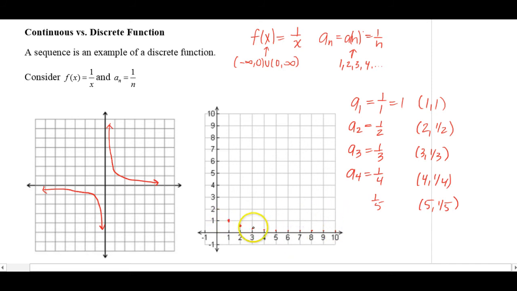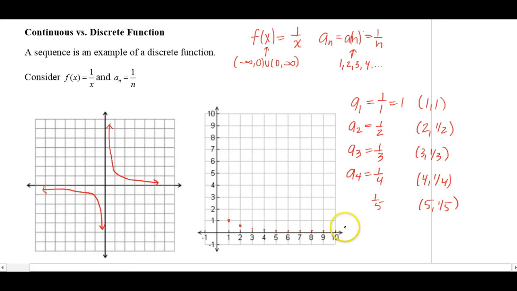So I'm approaching the x-axis as my x values are getting bigger and bigger, or in this case my n values, the index, as the index goes to infinity, which hopefully you remember that the index is going to go to infinity because the sequence goes on and on forever to infinity. So what's happening to the numbers in the sequence is they're all getting closer and closer to 0.